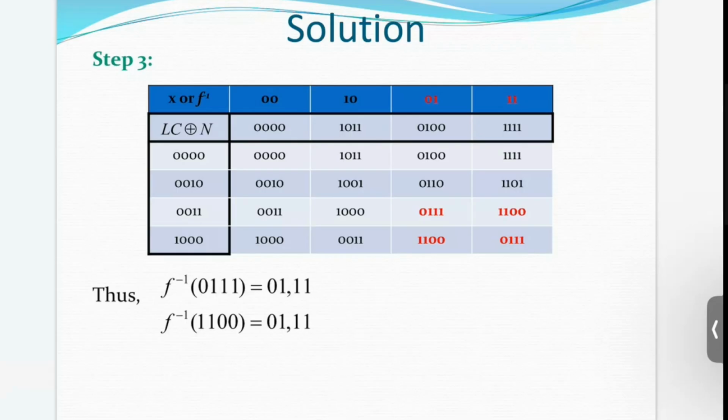You just find the distance between these two. Here there is no difference, so you get 0000. Here between these two there is one difference, so it becomes 0010, and so on. Fill in your table for the XOR operation.